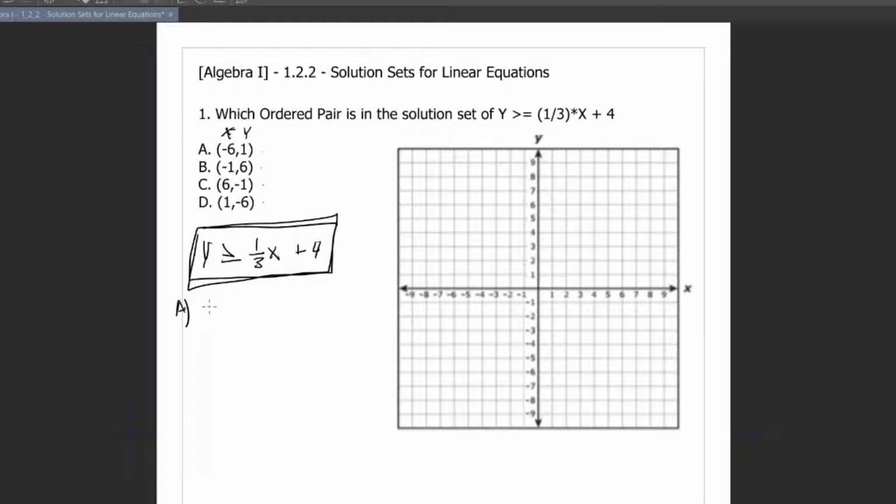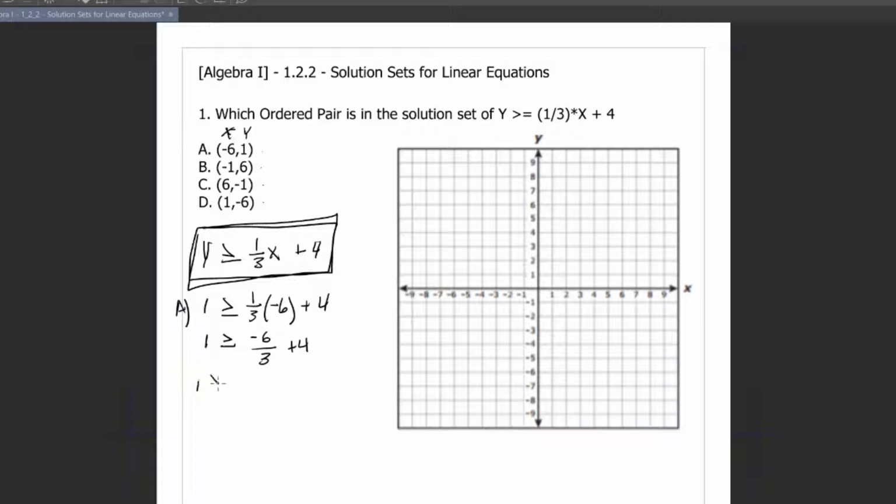Putting in choice A, y, which is 1, is greater than or equal to 1/3 times -6, plus 4. We multiply this out: 1 is greater than or equal to -6/3 plus 4.